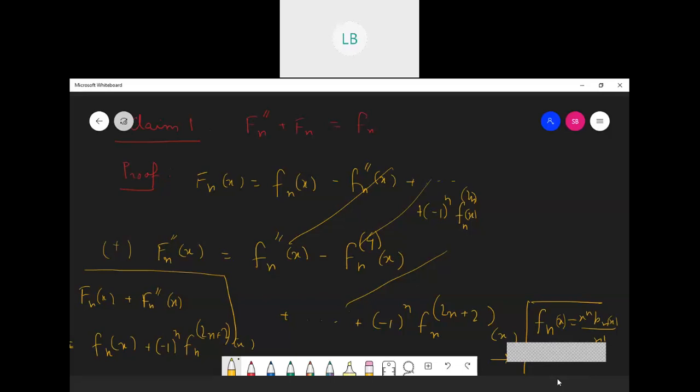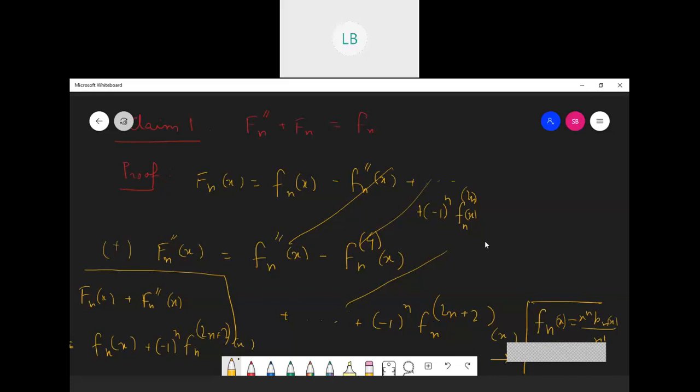Any answer? Shouldn't it be obvious? Okay, sorry. I am talking about the degree of f_n(x). What can you say about the degree of f_n(x)?